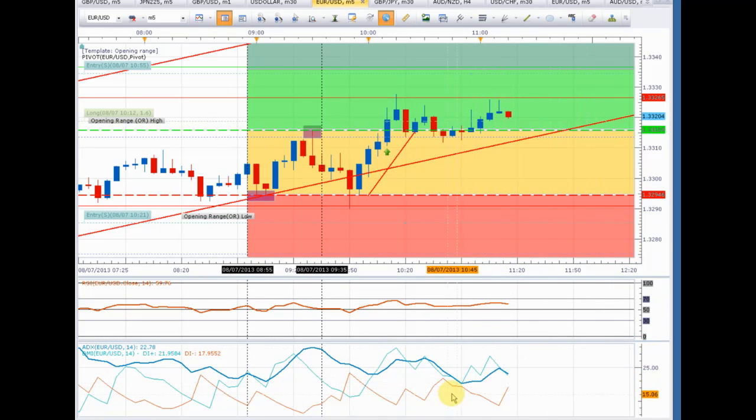There we go. So we have the DI plus, that's light blue, and the DI minus is red. And the darker line, we want to see in a range that it stays below 25, and that usually means that we're ranging.